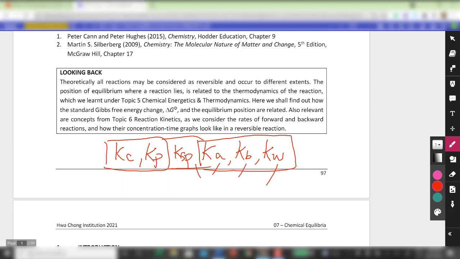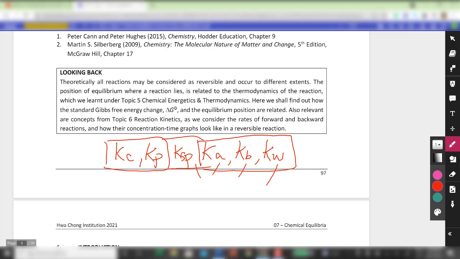In kinetics, we are looking at fast or slow. Okay, fast or slow in the sense we are looking at whether the reaction has a high or low activation barrier, or which is the rate determining step where it has the highest activation barrier. Okay, and then now we're actually back to thermodynamics, although it's in a broad way. Yeah, we are determining where the position of equilibrium lies towards.